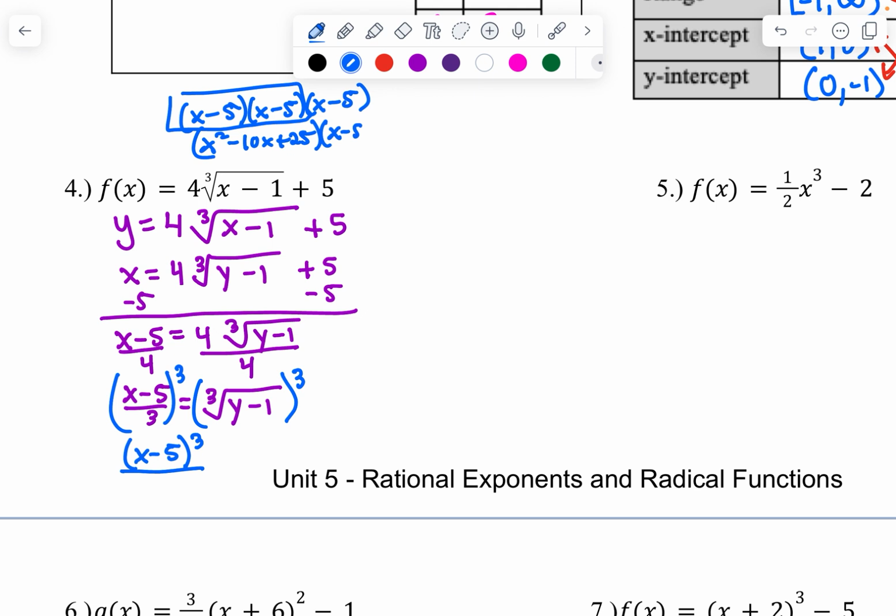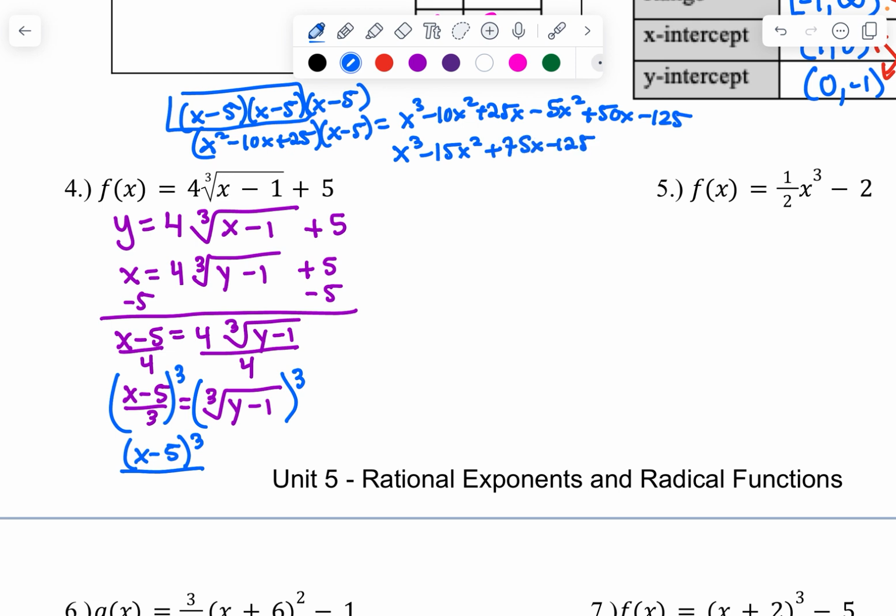And then if you take that times the x minus 5, you would get x cubed minus 10x squared plus 25x minus 5x squared plus 50x minus 125. So we'd have x cubed minus 15x squared plus 75x minus 125.